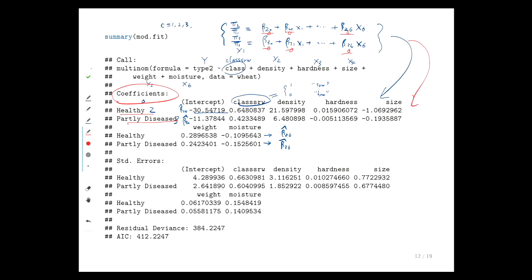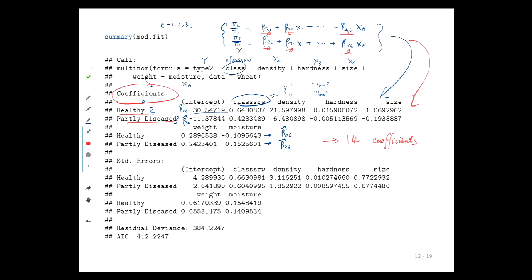And you can find that here in total we have 14 coefficients, because we have 2 equations, in each equation we have 7 coefficients.